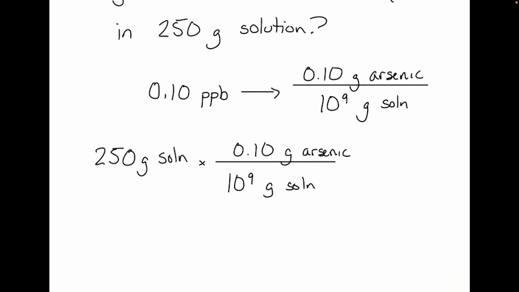Okay, punch that into my calculator. I get 2.5 times 10 to the negative 8, or 0.0000000025, right? Kind of more conveniently represented in scientific notation since it's such a teeny tiny number. My units are my grams of arsenic.